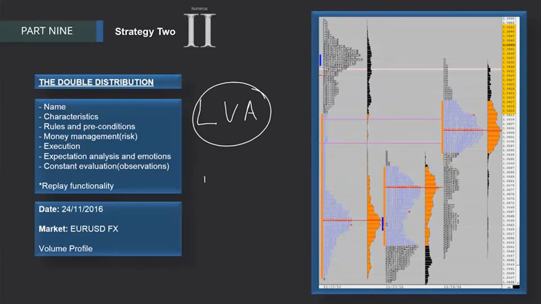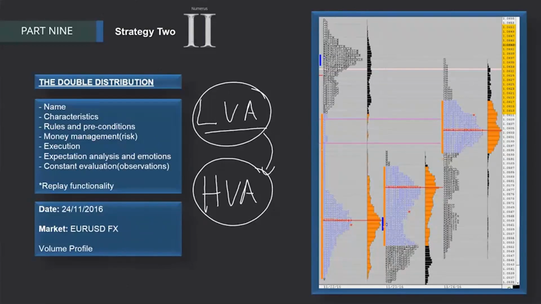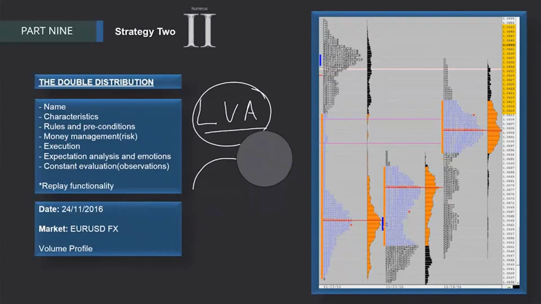In strategy 2, we're basically going to talk about the high volume area, and all that occurs is when the low volume area strategy is complete and we start to see the low volume area fill out, we then revert to our high volume area trade strategy. So we're going to be developing 2 unique patterns with the high volume area, but in essence this is nothing more than when the one strategy is complete, we can then move to the second strategy.